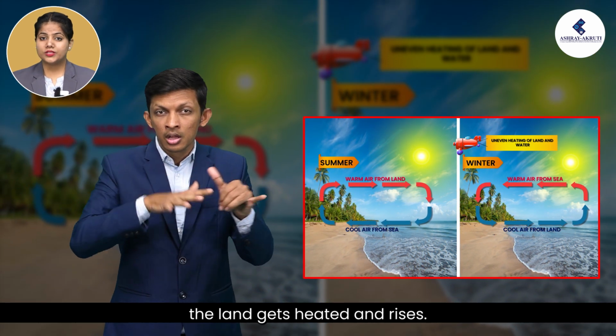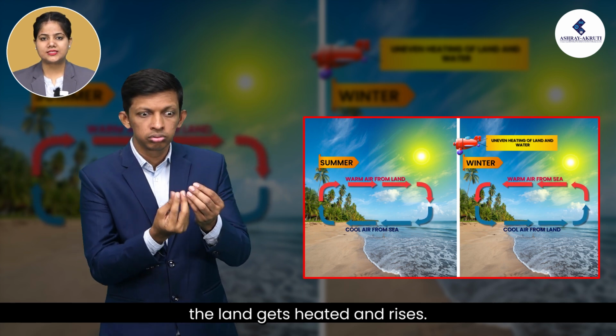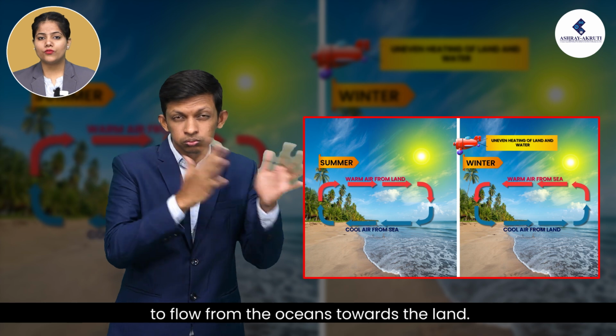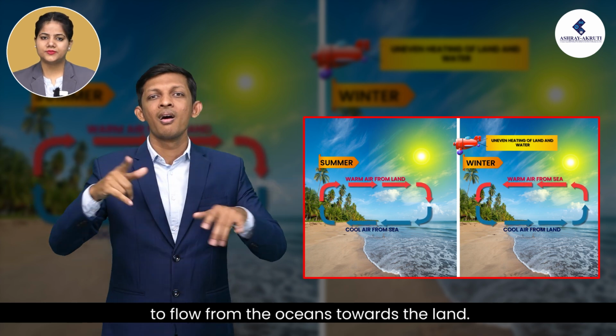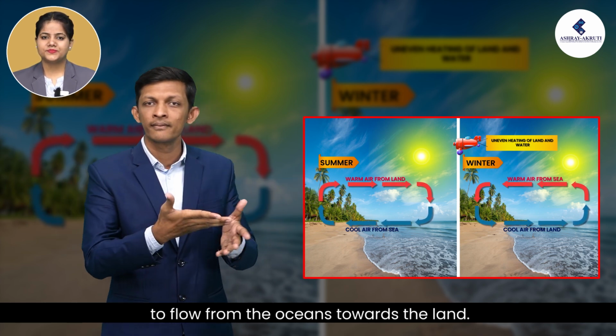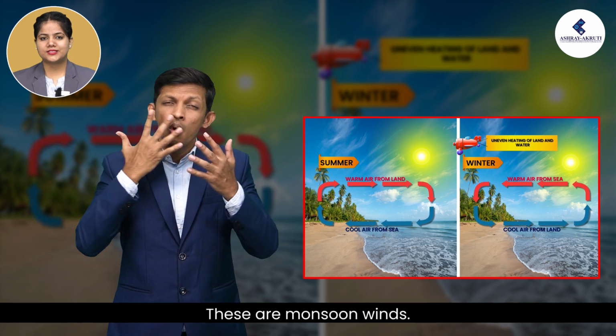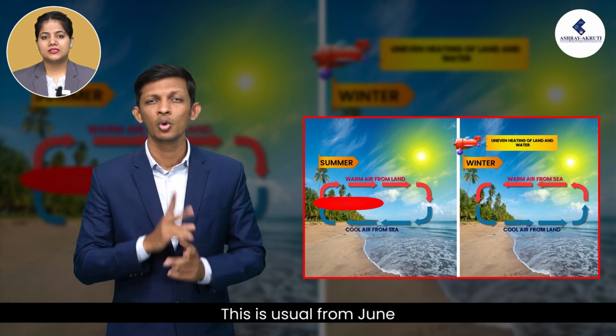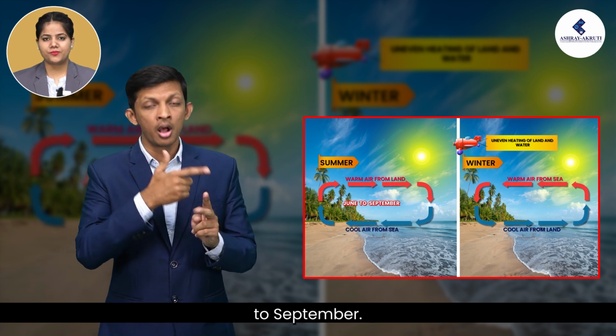The air over the land gets heated and rises. This causes the winds to flow from the ocean towards the land. These are monsoon winds. This is usual from June to September.